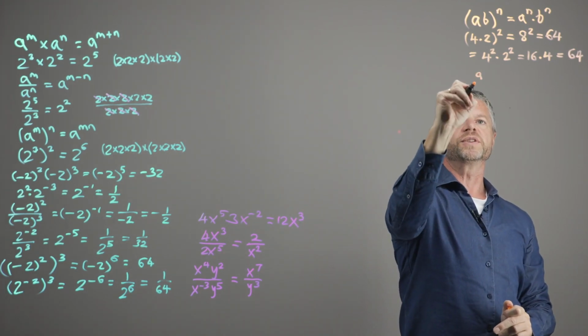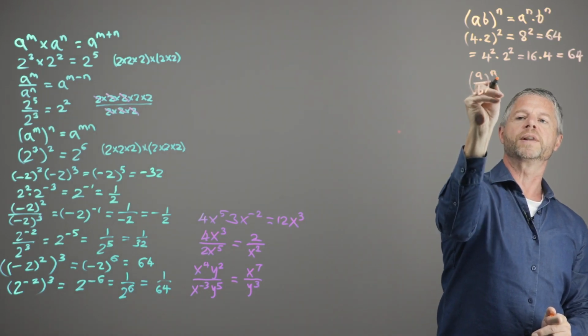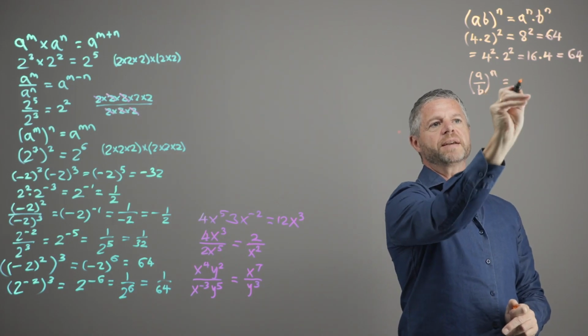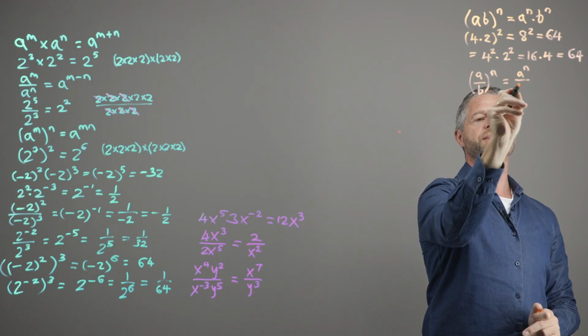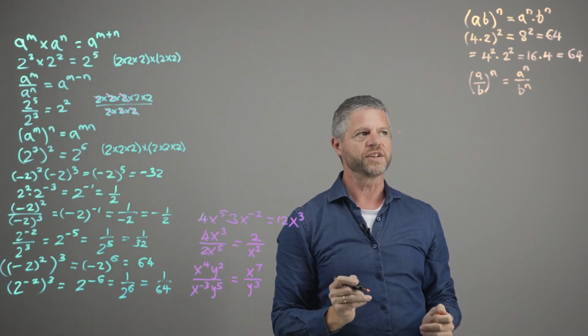Similarly, if I have a quotient, a over b, and I apply an exponent to the quotient, I get the same answer if I apply that exponent to each piece separately and then do the division.